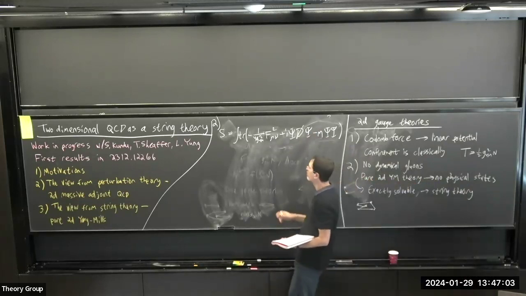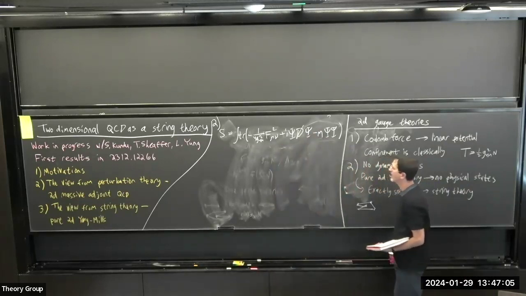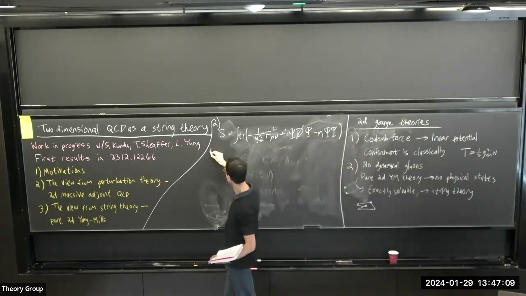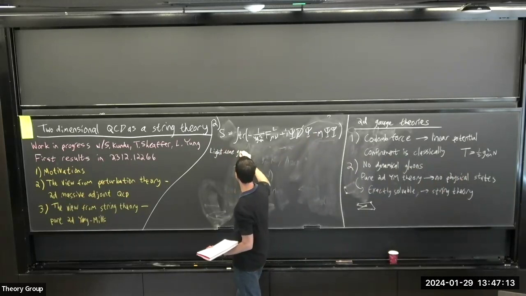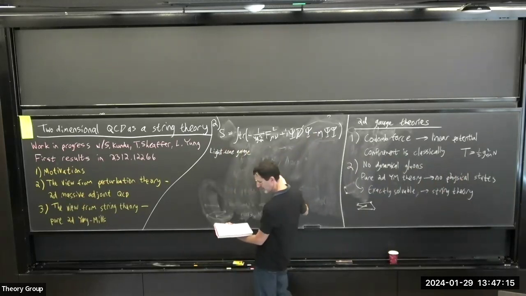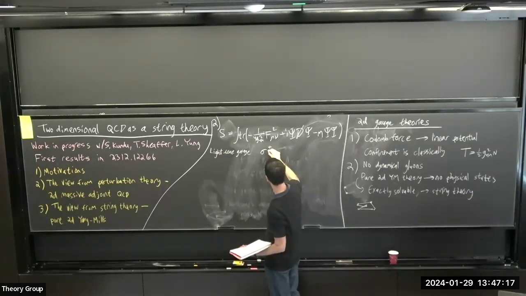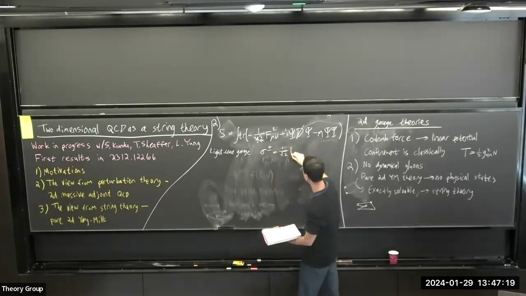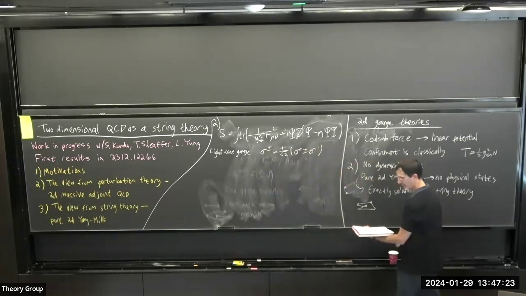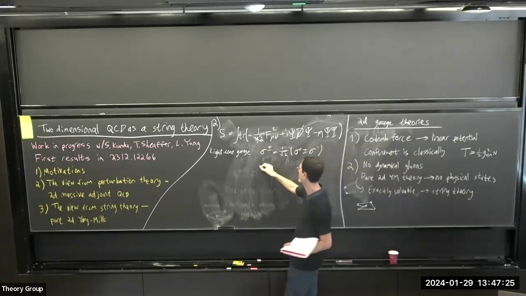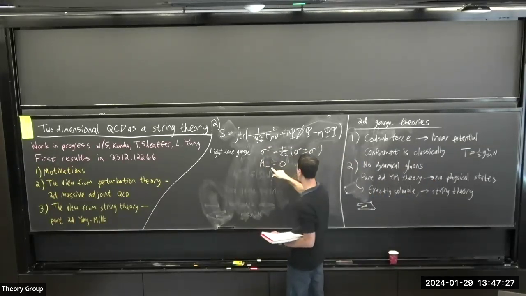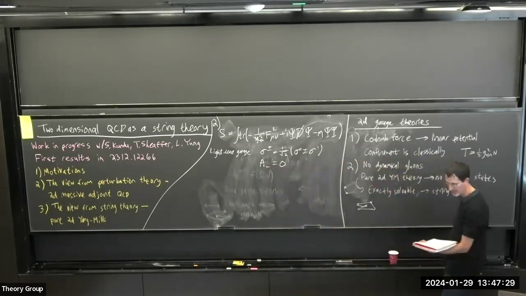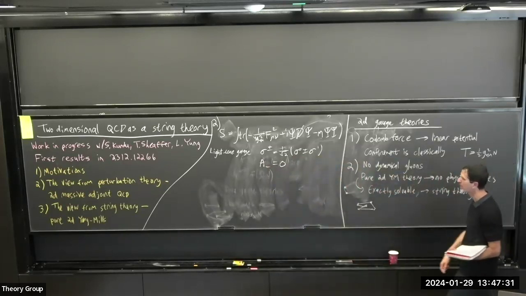And one way to simplify the analysis of this action is to go to light-cone gauge, as 't Hooft did in the analysis of the 't Hooft model, also more or less 50 years ago. So we'll define the light-cone coordinates, sigma plus and minus, the usual way, sigma 0 plus or minus sigma 1, and light-cone gauge is just the gauge where we set one of the light-cone components of the gauge field, A minus, to 0.